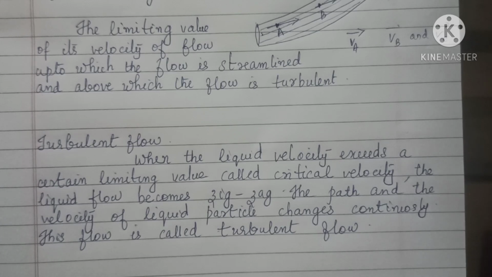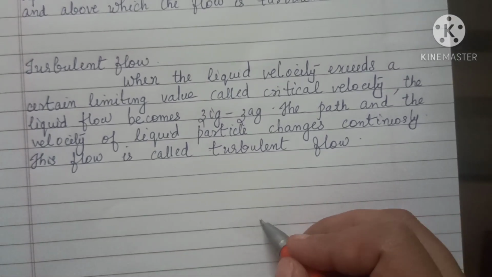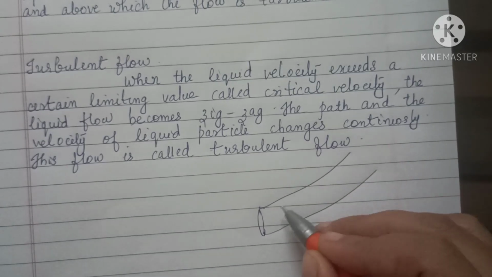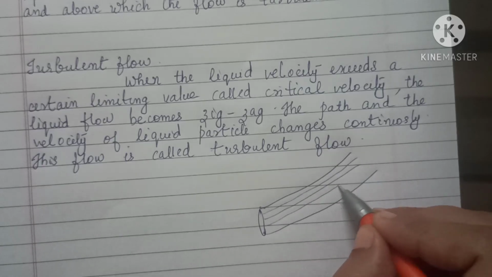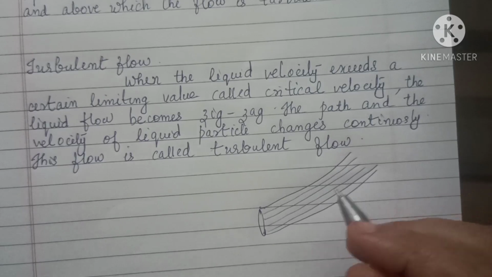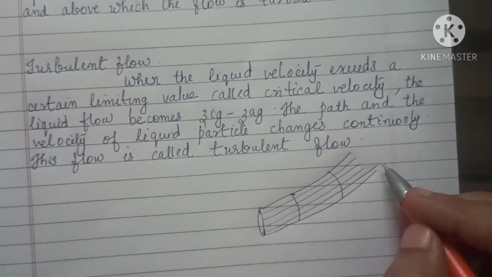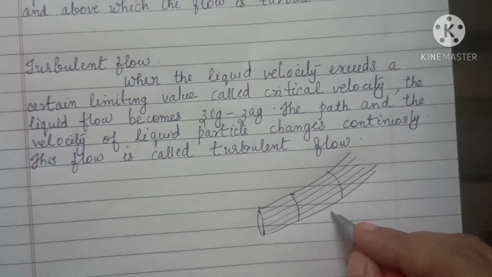And a bundle of streamlines forming a tubular region is said to be a tube of flow. Okay, for example, I can draw a tube of flow like this. So these are the streamlines, and this bundle of streamlines forming a tubular region is said to be what?